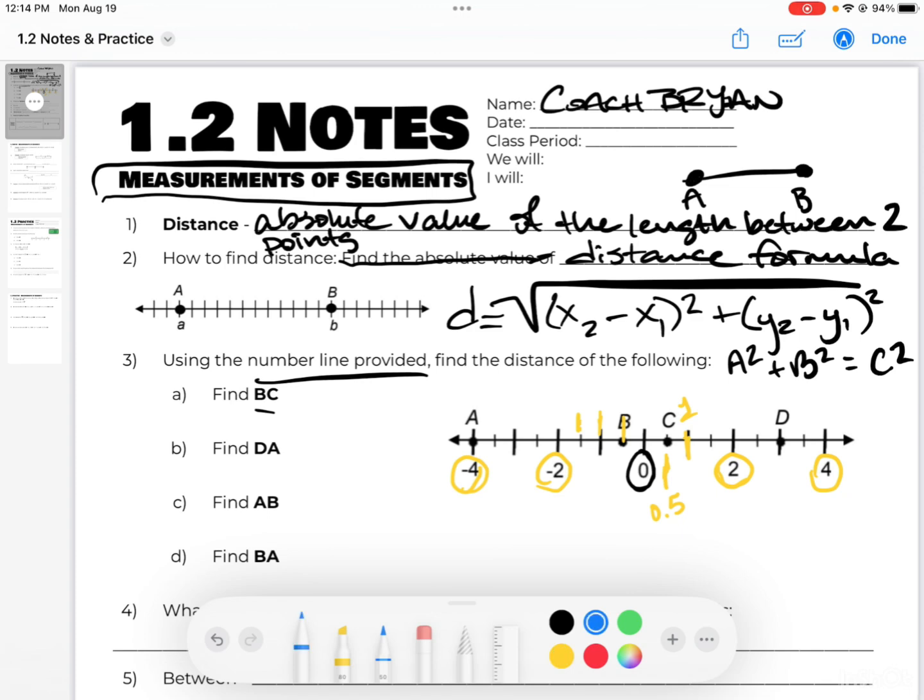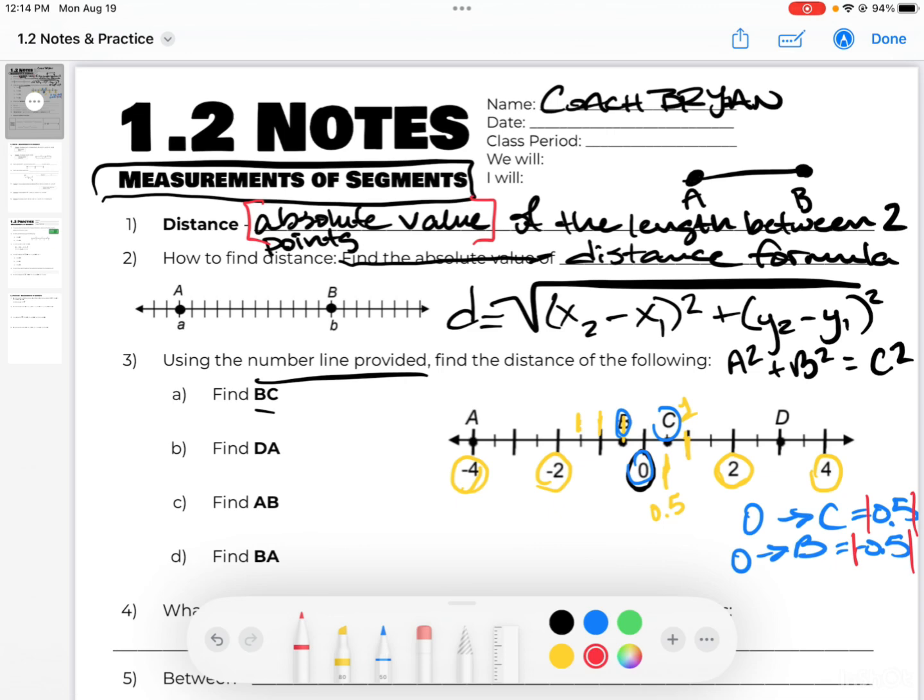But anyway, the first thing we're looking for is the distance between B and C. And we're going to be looking for how far each of them is from 0. So from 0 to C is 0.5, okay? And from 0 to B is -0.5. But if we go back up to our definition, it's the absolute value. And if you remember, absolute values are when you put these bars around the outside, and it's never going to give you a negative answer.